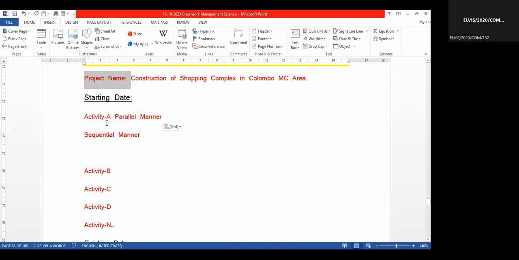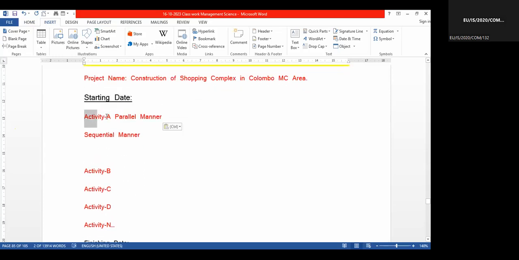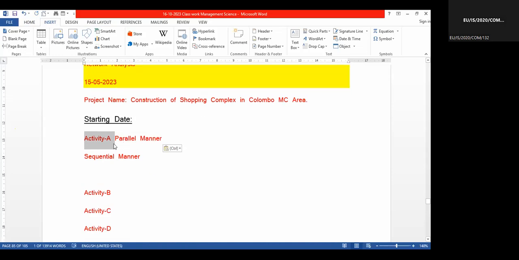The relationship among these activities may be sequential or parallel, but all should have a definite starting time and finishing time. The sub-activities, the project, and each and every activity connected with this project also have a definite starting and finishing time.